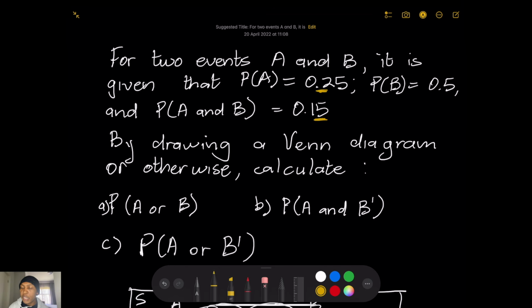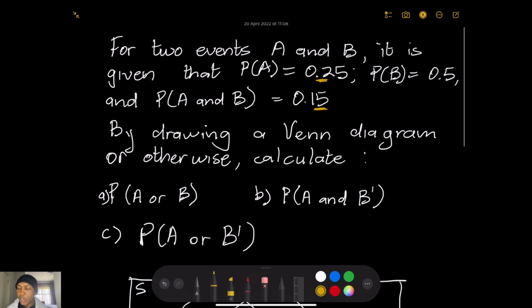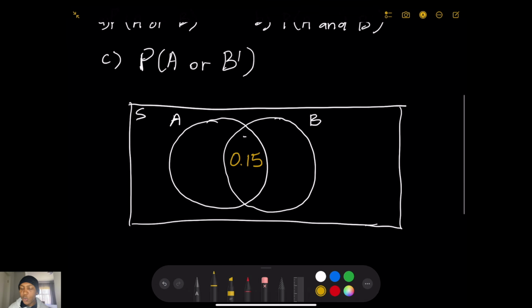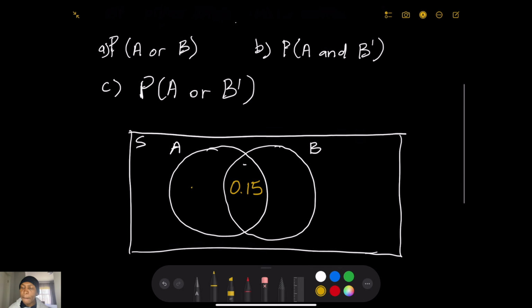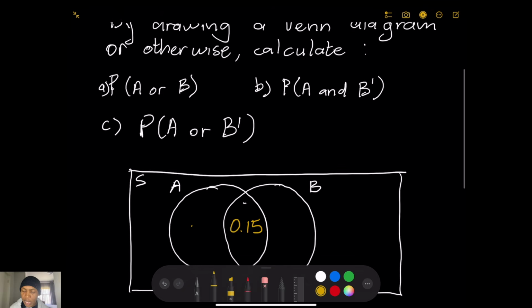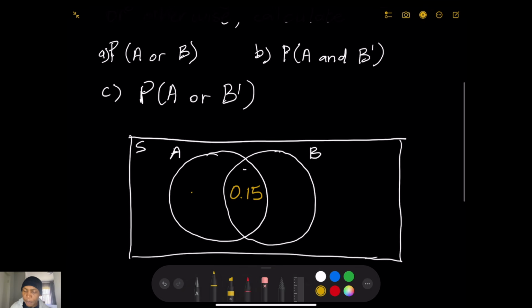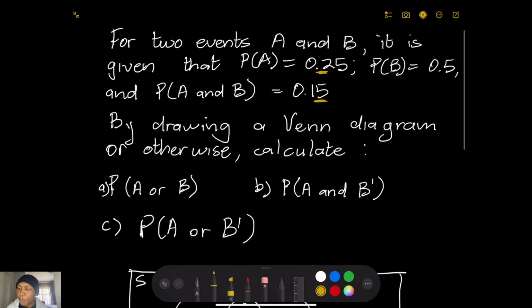Now it means the probability of what is only in A and not B. If I take only what is exclusively in A, that would be 0.15 plus what is inside of here, in A exclusively, those would give me 0.25.